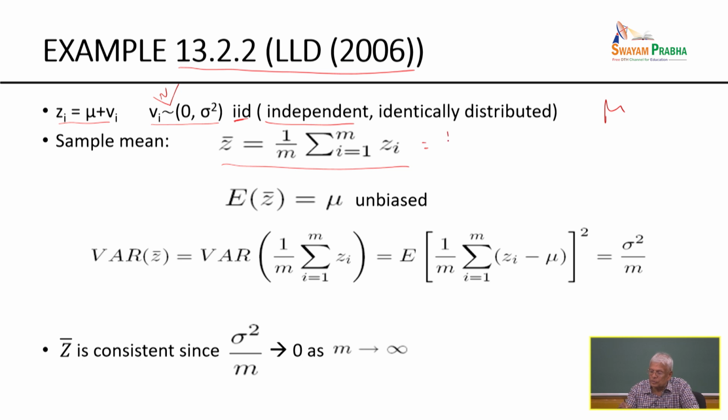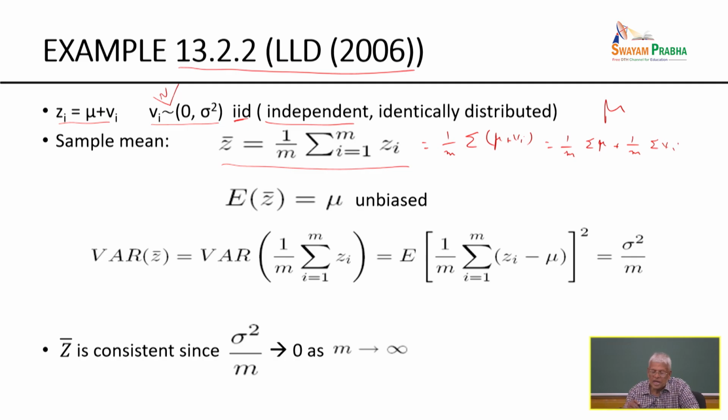So this is equal to 1 over m summation of mu plus vi. This is equal to 1 over m summation mu plus 1 over m summation vi.